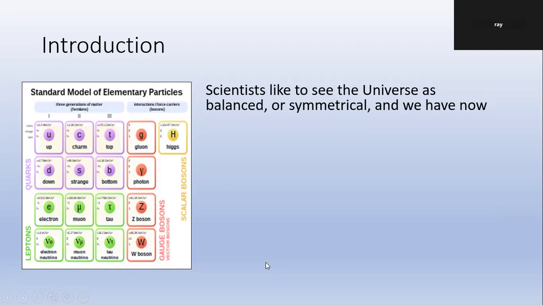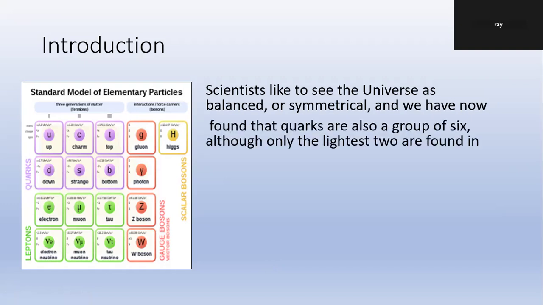Scientists like to see the universe as balanced or symmetrical, and we have now found quarks are also grouped in 6. These are your quarks, the purple ones, a group of 6. Don't worry about the red one. We won't bother about that now in the syllabus.